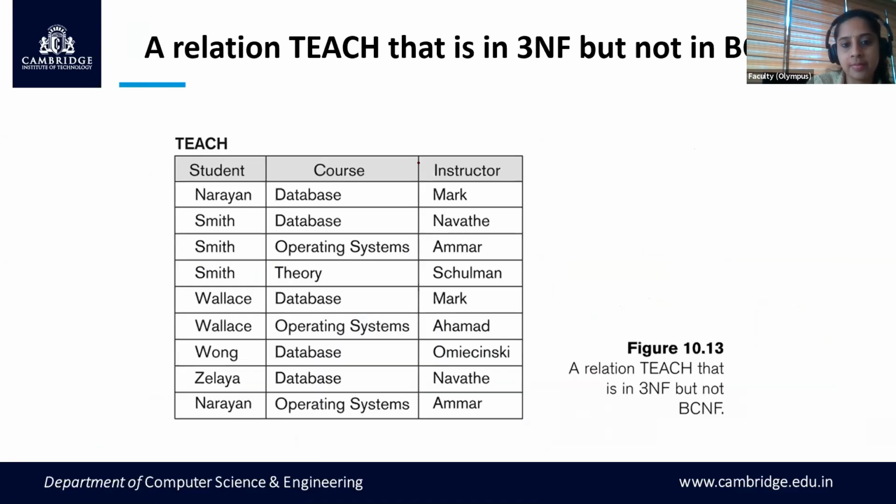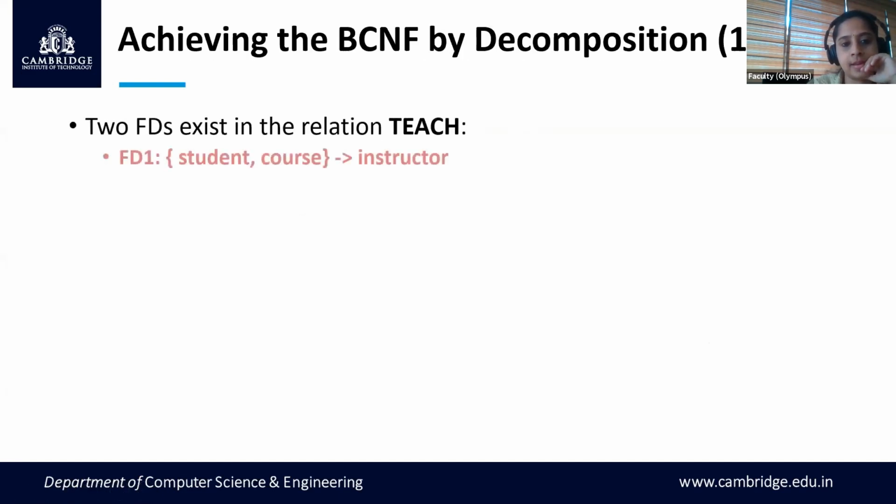So I'm taking the same kind of example here. Student and course to instructor, instructor to course, that's the dependency. When you have it like this, how do you have to break it? Decomposition into two, because I might have different scenarios of breaking it, right? There are chances.